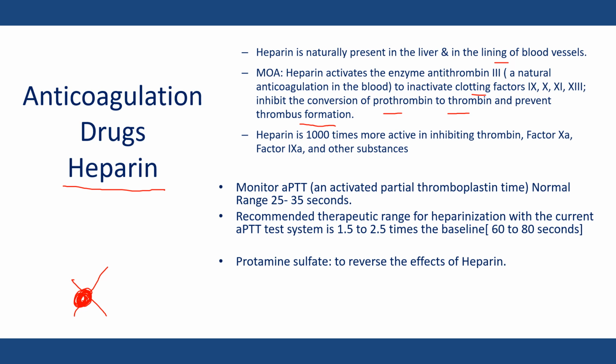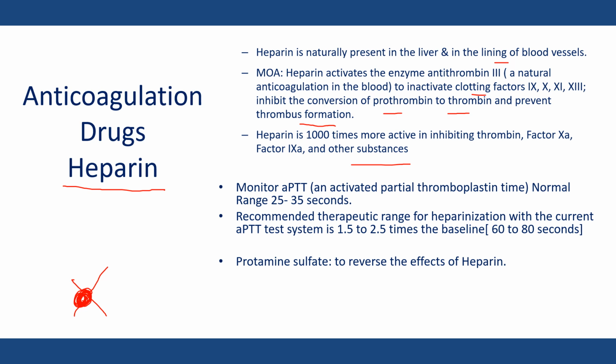Heparin is 1,000 times more active in inhibiting thrombin, factor 10A, factor 9A, and other substances. So very powerful drug, you can say. Now, because it's a very powerful drug and it's going to inactivate many clotting factors, needless to say the client who's on heparin will be at high risk of bleeding, right? So very critical drug, you can say.